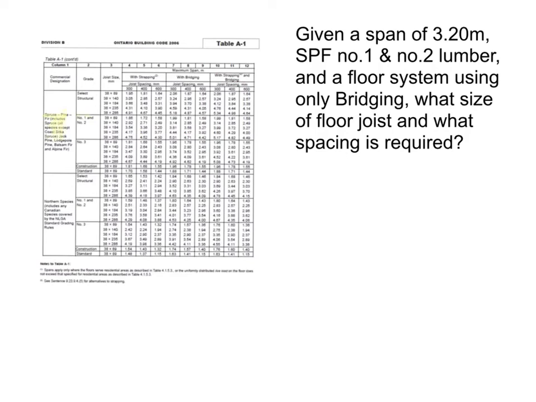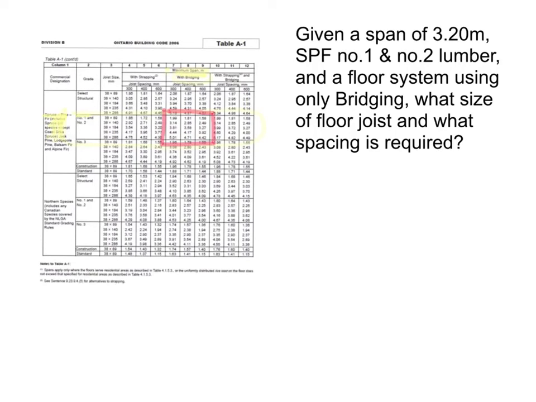We know it's number 1 and number 2. So we know it's in this area in the middle there. And we know that it is a system using bridging only. So that is right here. Bridging. So we know it's going to be in this area that's highlighted in pink right there. So we've narrowed down the columns and the numbers that we need to look at.